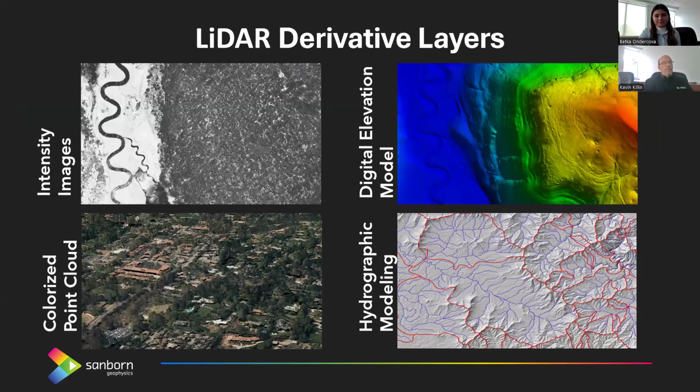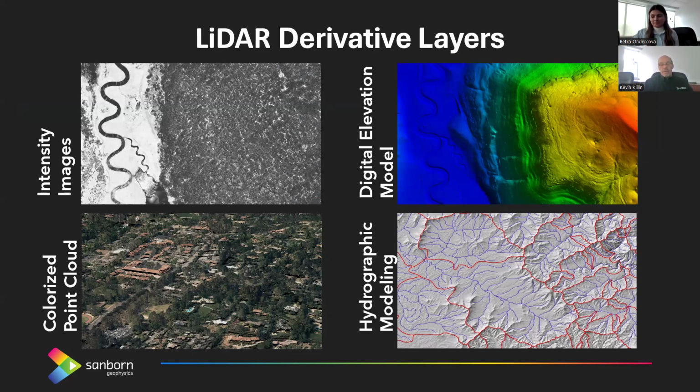Just an example of some of the versatility of LiDAR. So I've got 4 examples of lidar products here. Intensity images can be used to tell the overall differences in the reflective contrast of an area, which really helps to highlight different aspects of vegetation or overburden coverage.